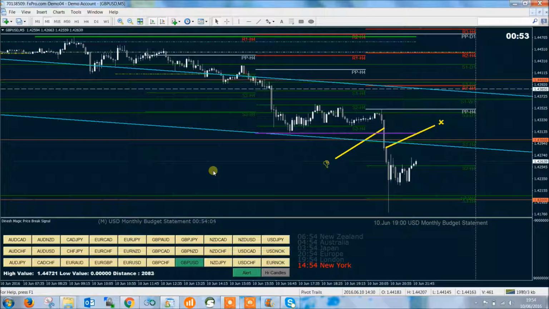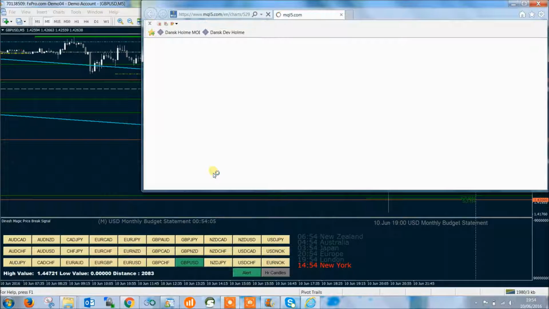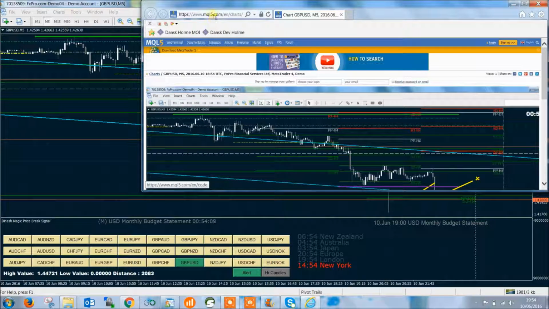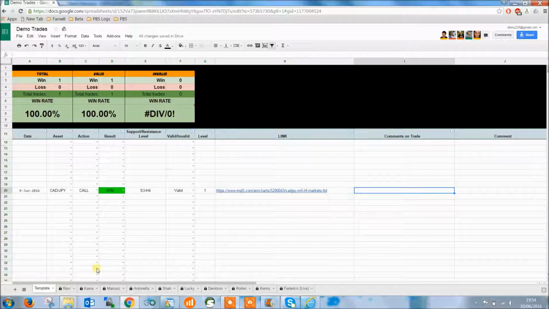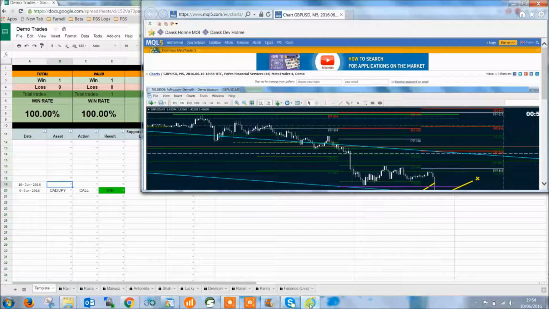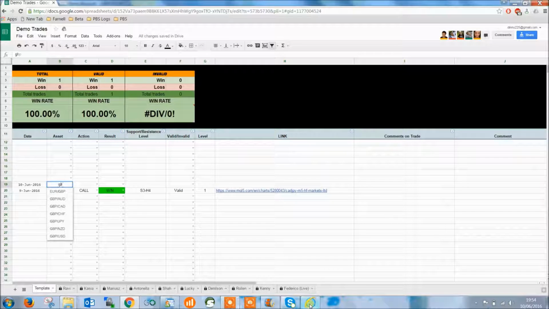That will take you to the link of the MQL5 website where the chart is posted. So we copy the link. Since we are doing a demo, we go to the demo list that was given to us by the PBS team, and identify your name. So let's say I'm on the template, and I go here, say today is 10th of June, and the pair is GBP USD.